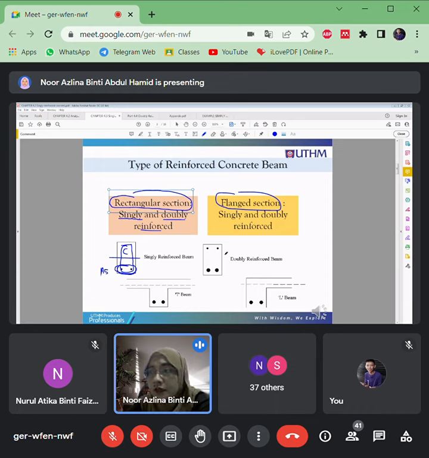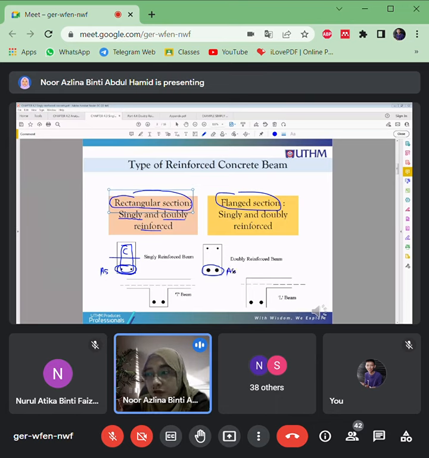But for other cases, when the concrete has to support higher load, okay, once it has to support higher load, it should be provided with compression reinforcement also. Okay, so the tension reinforcement, this is very basic. It should have AS here.